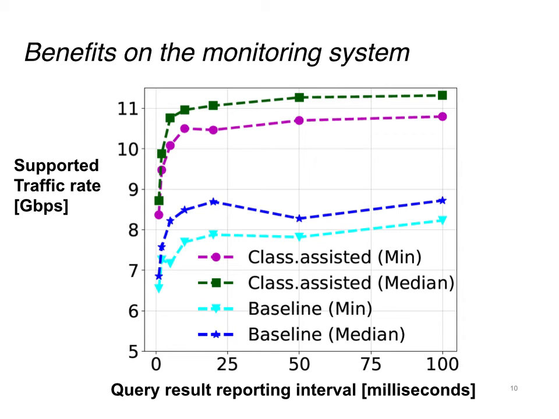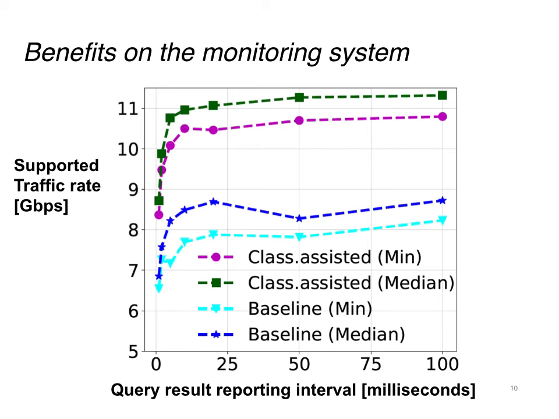Filtering out significant portions of the measurement data can translate into improved efficiency of the telemetry systems. To quantify this benefit, we measure the maximum traffic rate supported by the telemetry system. In this figure, we show the supported traffic rate against the query reporting interval, which is the period based on which query results are built and delivered to the operator.